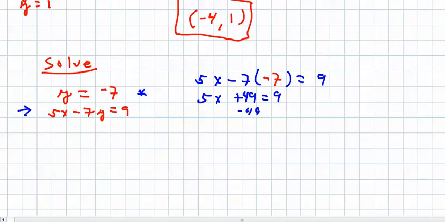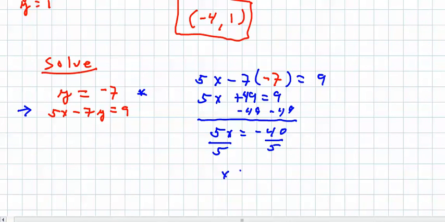Subtract 49 from both sides, and I have 5x equals negative 40. Divide by 5, x is equal to negative 8. My answer then is negative 8, negative 7, and I'm done.